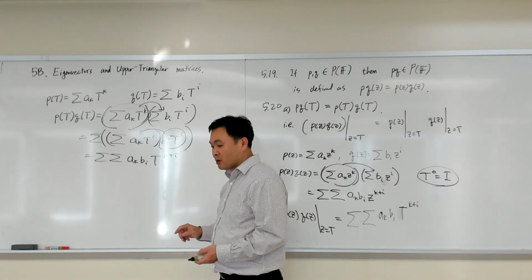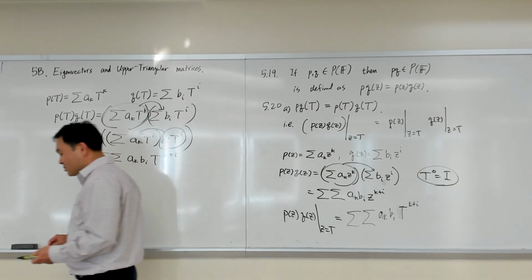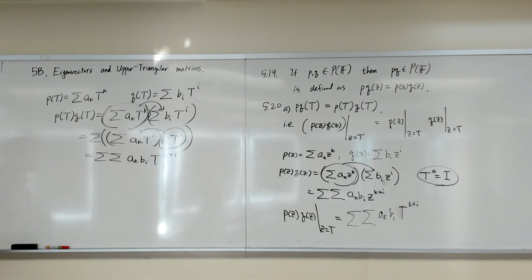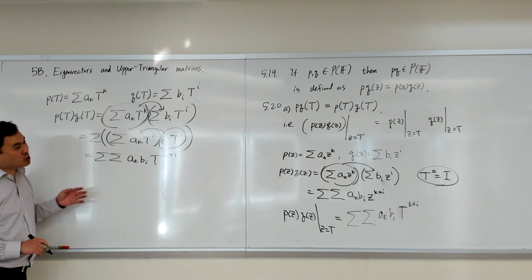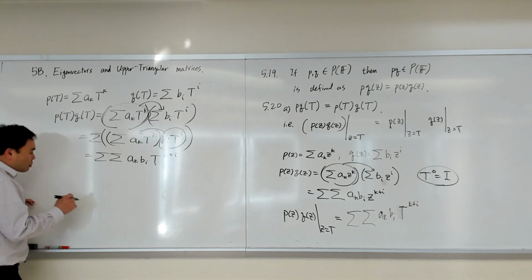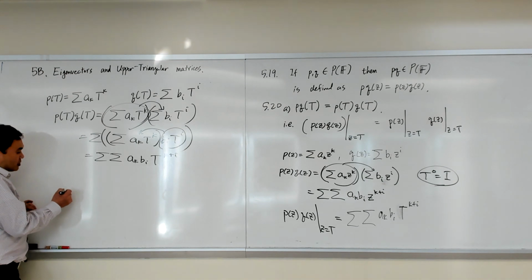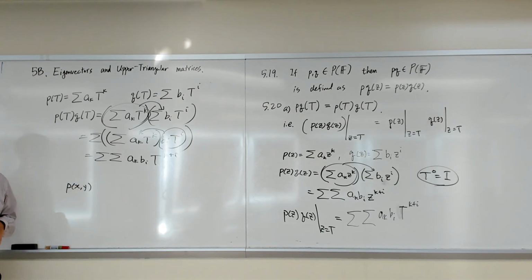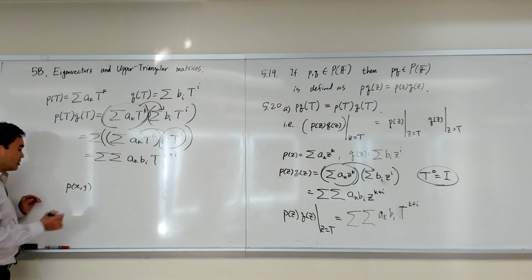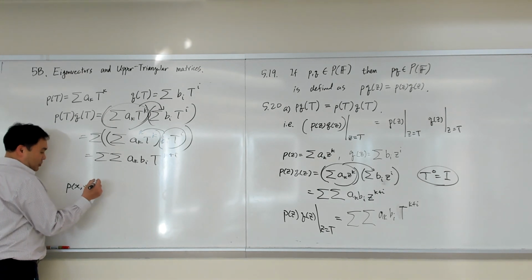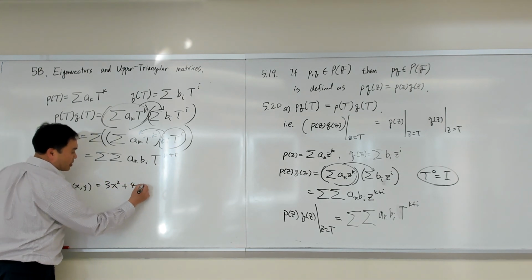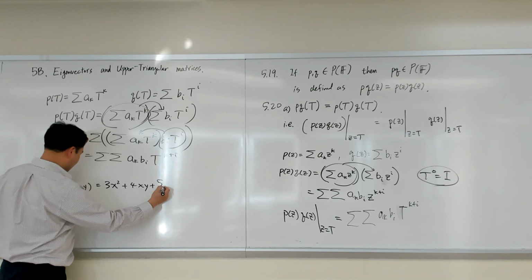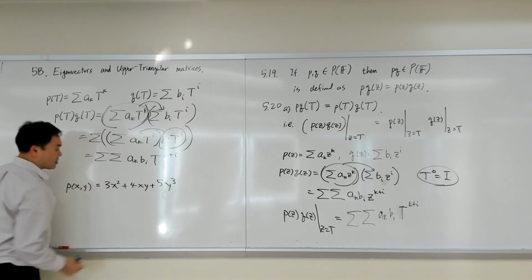Okay? So just to explain why we're trying to do this. Suppose you had two-variable polynomials, something like 3x squared plus 4xy plus 5y cubed.